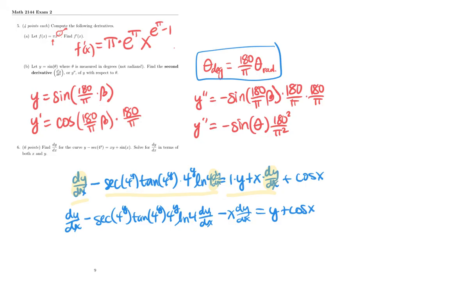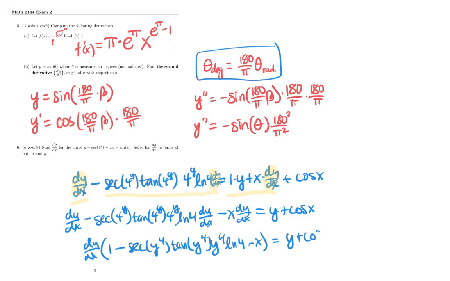Then I can factor the dy/dx out. 1 minus secant... minus x, sorry, I forgot that, equals y plus cosine x. And then I can divide by that stuff. So I'll get dy/dx is equal to y plus cosine x divided by all that stuff in parentheses that I have there. Okay.